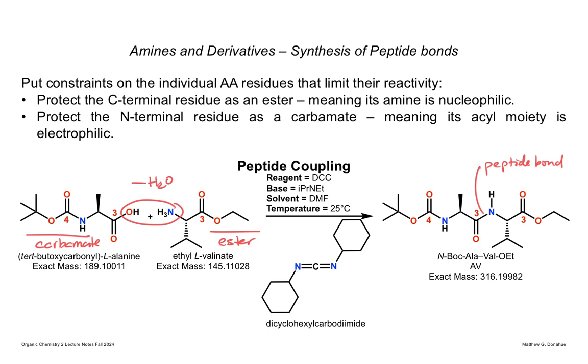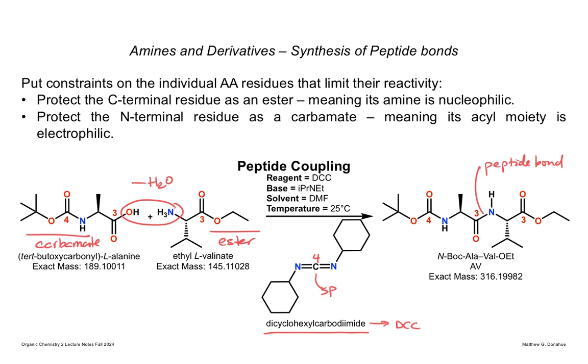And the reagent that will do that is called dicyclohexyl carbodiimide, abbreviated DCC. So notice the carbon here is sp hybridized, and it's at an oxidation state of 4. So it's an electrophilic carbon that basically wants to change.